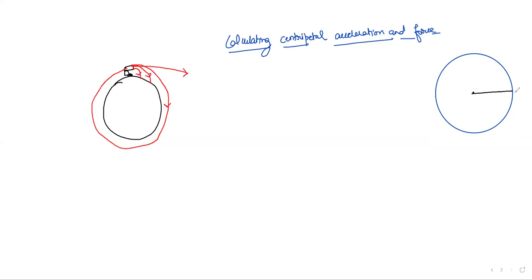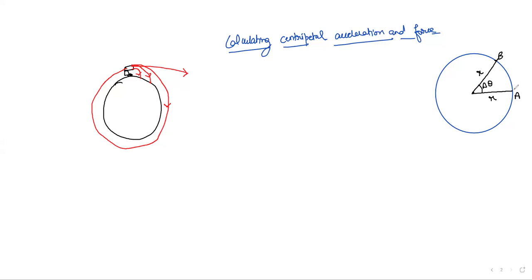Initially, the object is at position A. After some time, the object reaches position B, right? And when the object reaches position B, it has covered an angle of delta theta. This is R, and this will also be R, right?